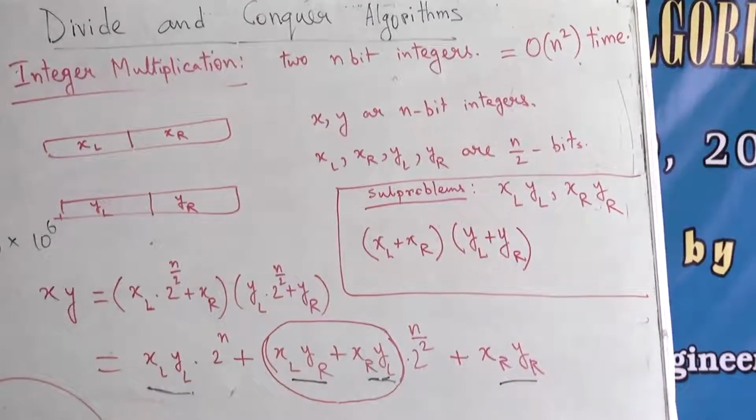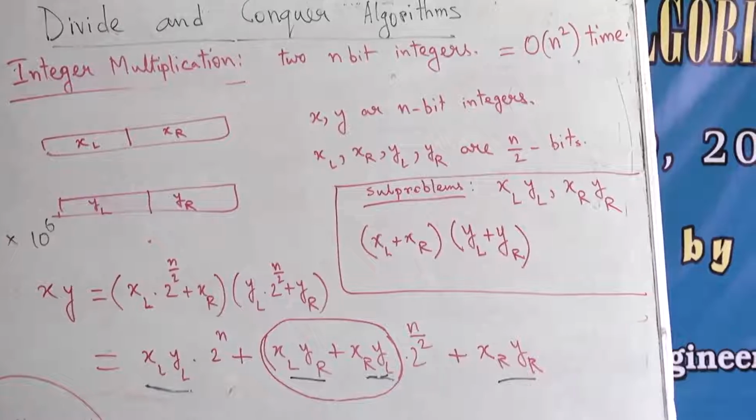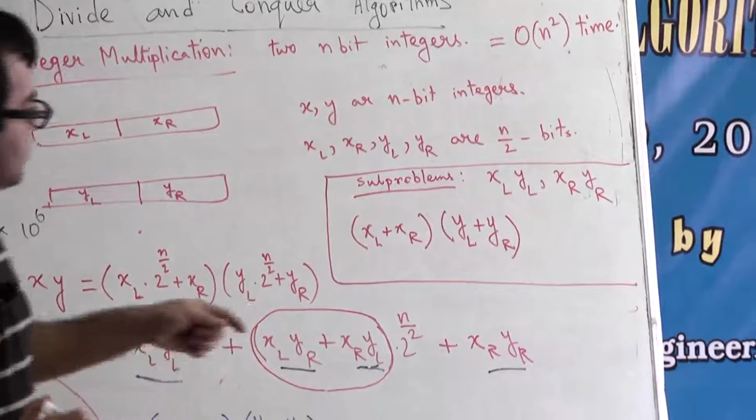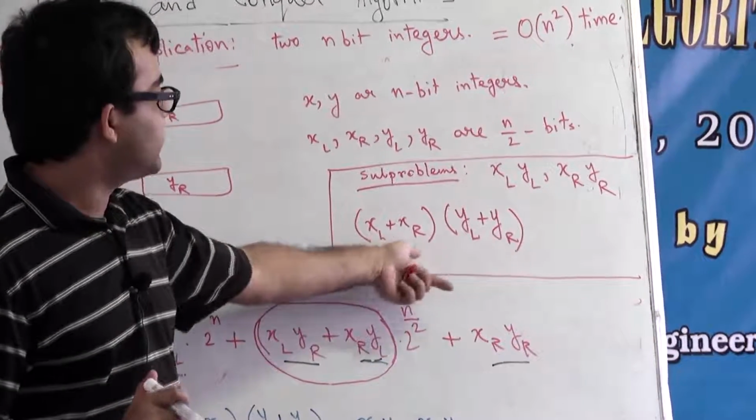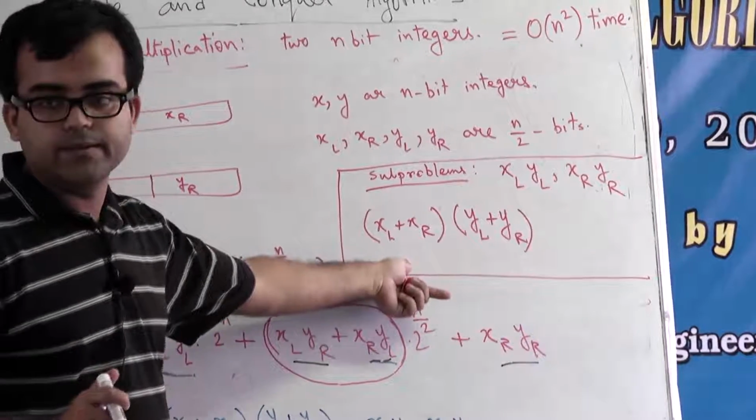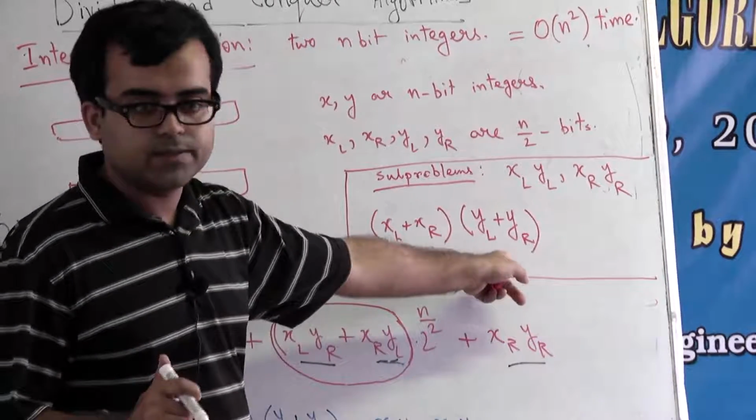How many subproblems are there now? 3, right? Because XL plus XR is also going to be roughly an n over 2 bit integer, and this is also an n over 2 bit integer.